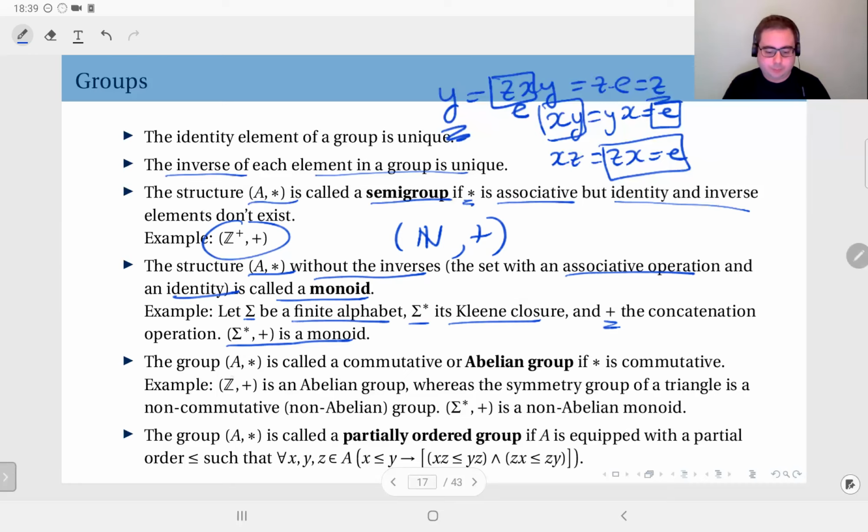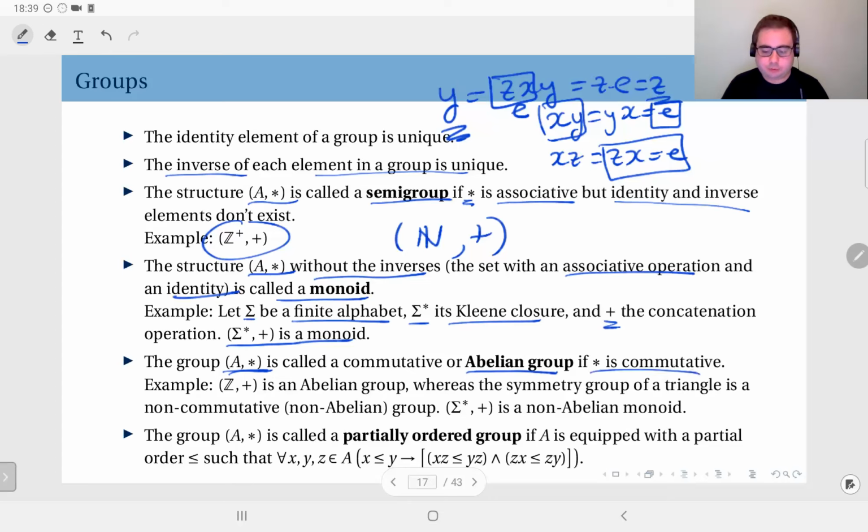So this structure is a monoid, and this elementary structure is extremely important in theory of computation, regular languages, automata theory, and of course in programming languages theory. And the group, now we are going rather than to general cases, to special cases. We have associative property, we have identity element, we also have inverses. In addition to those, if the structure, the set A along with the operation, has commutative property, we call it an abelian group.